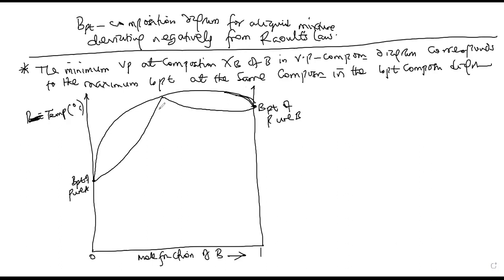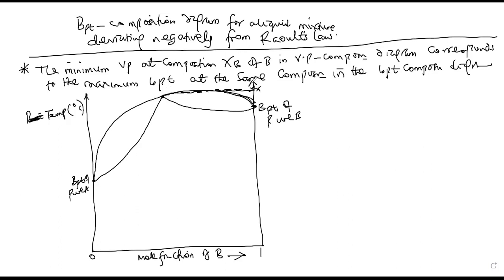Now we have said that the other side which had a minimum vapor pressure, now this one will be a maximum boiling point. So allow me to say that this one here is the maximum boiling point.